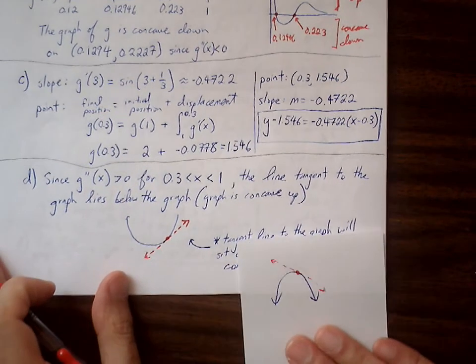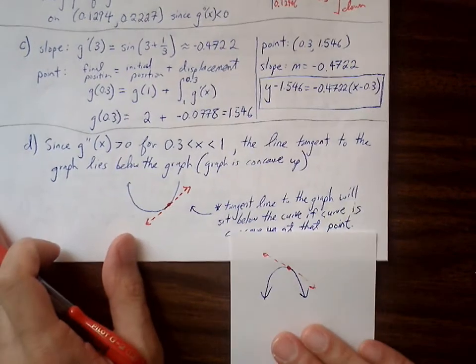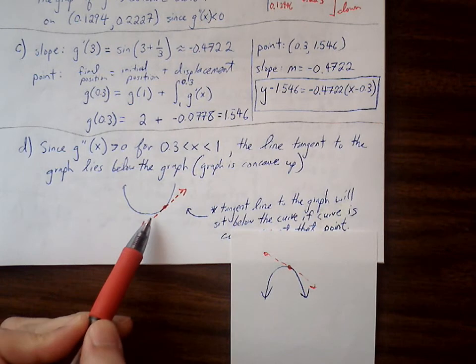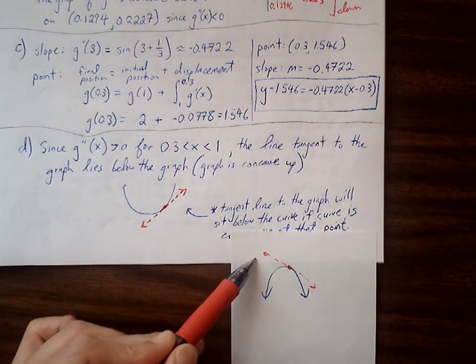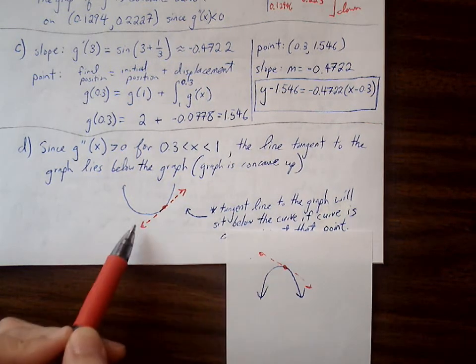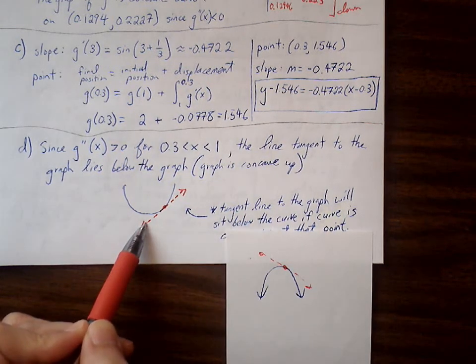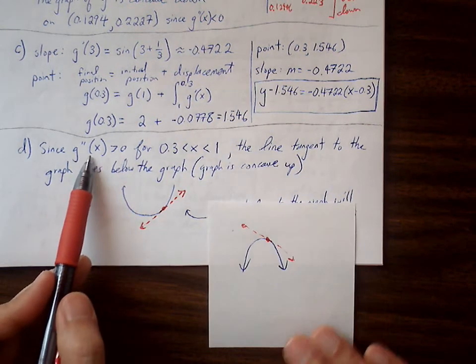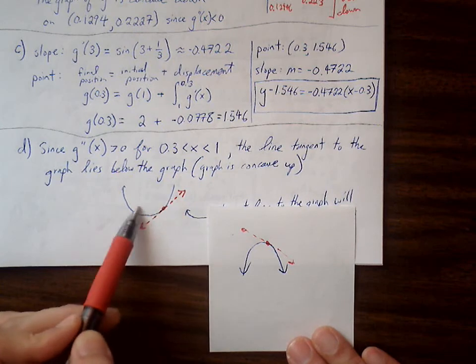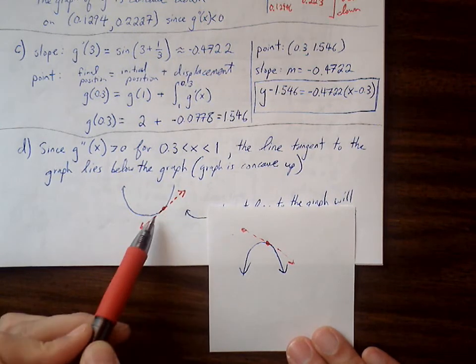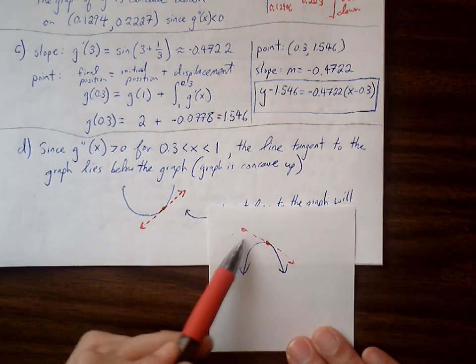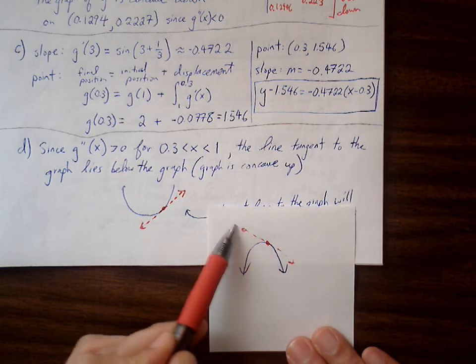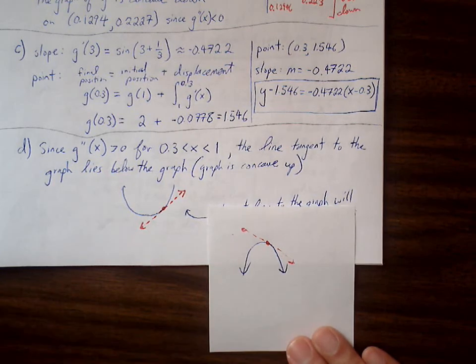So that's an important concept for us to understand, that we can tell whether a tangent line sits above and over approximates, or sits below and under approximates, just by looking at the behavior of concavity. If it's concave up, then the line is going to under approximate. If the graph is concave down, then we know our tangent line is going to over approximate.